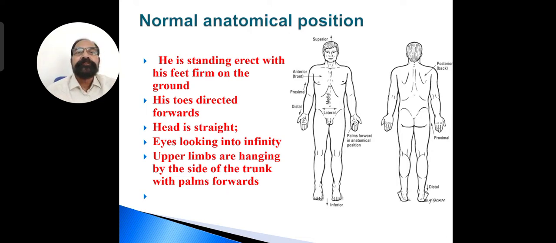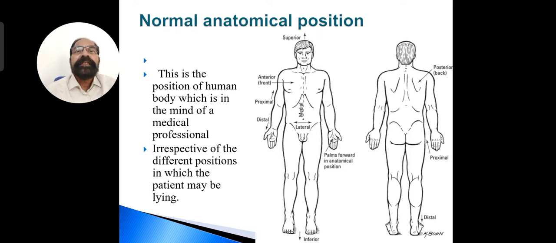Head is straight. Eyes looking into infinity. Upper limbs hanging by the side of the trunk with palms facing forwards. This is the position of the human body which is in the mind of medical professionals irrespective of the different positions in which the patient may be lying while being examined.